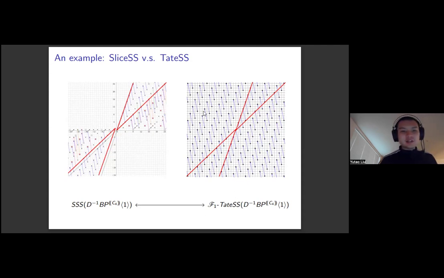As you can see, if you focus on the region between slope 1 and slope 3, the two red lines here, there will be an isomorphism between the two regions bounded by these two lines. You can see the patterns here agree with the patterns here, and also the patterns on the negative cone, after a small degree shift by 1, agree with the patterns here in the Tate spectral sequence.